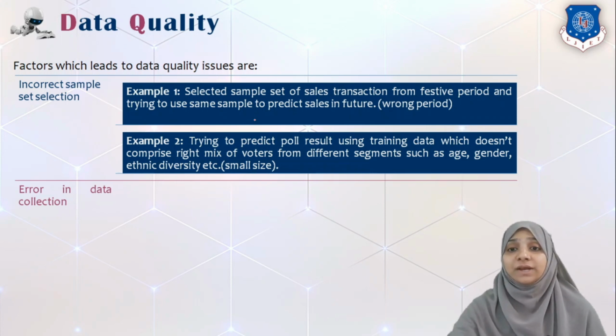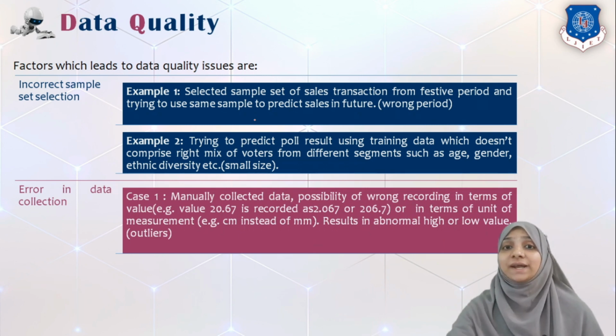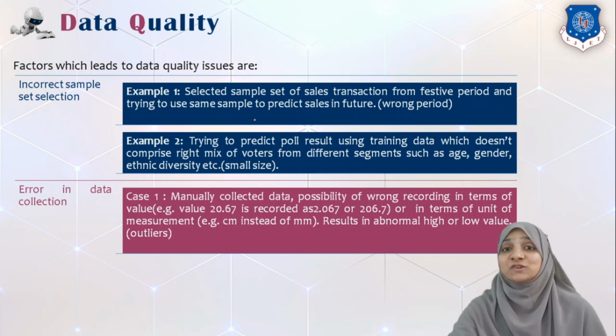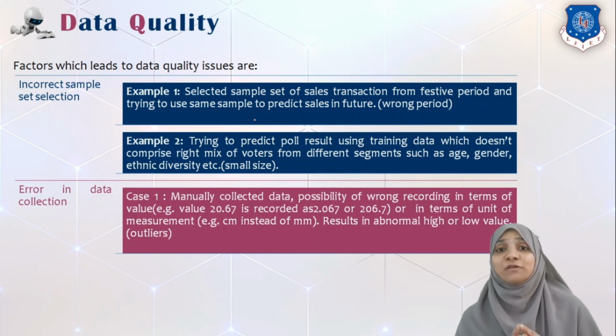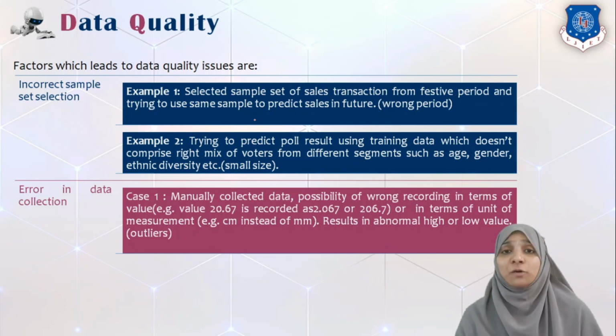Another type of quality degradation issue is error in data. Say for example, data is collected manually or entered into the system manually and there are some mistakes that have been made. For example, when we are recording a value, say 20.67 is recorded as 2.067 or 206.7, or it might happen the data required input in terms of inches but input is instead in the form of centimeters, or data input is required in the form of kgs but input is provided in the form of lbs.